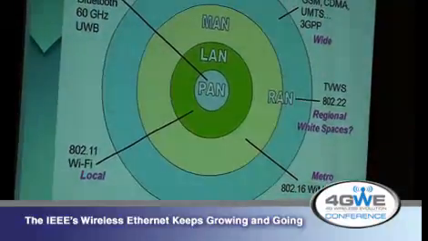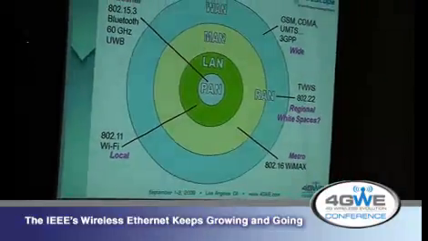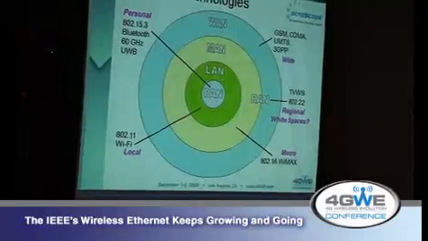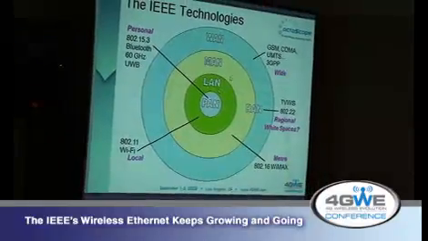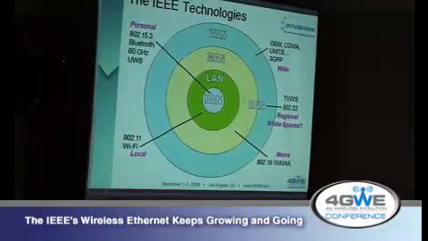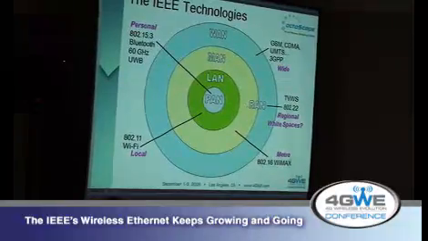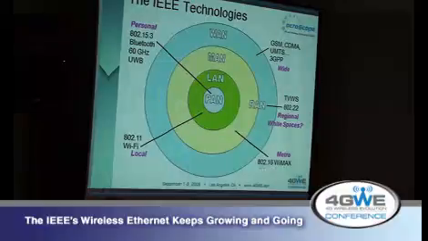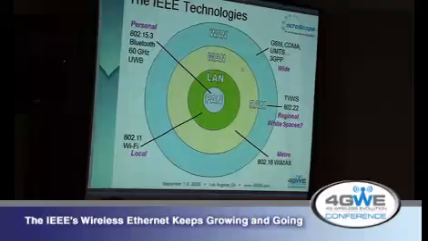What we originally thought of as metropolitan area network or even LAN, local area network, is now starting to, I mean, the boundaries here are disappearing very quickly. So WiMAX started as a metro network. Now, obviously, they've introduced mobility, and that happened in 16E. And so they're definitely playing here in the WAN space as well.